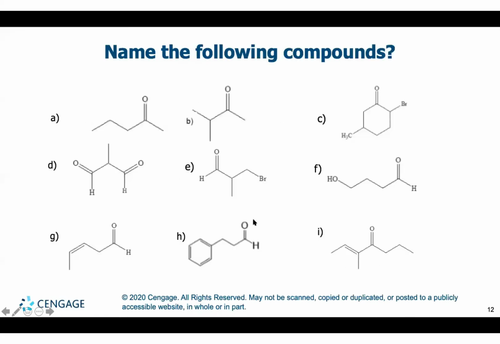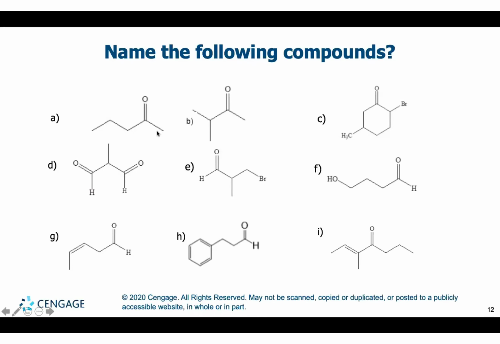Let's do some practice and name these compounds. What do you think is the first compound? Is it aldehyde or ketone? It's ketone, right? Because this carbonyl group is connected to carbon from both sides.